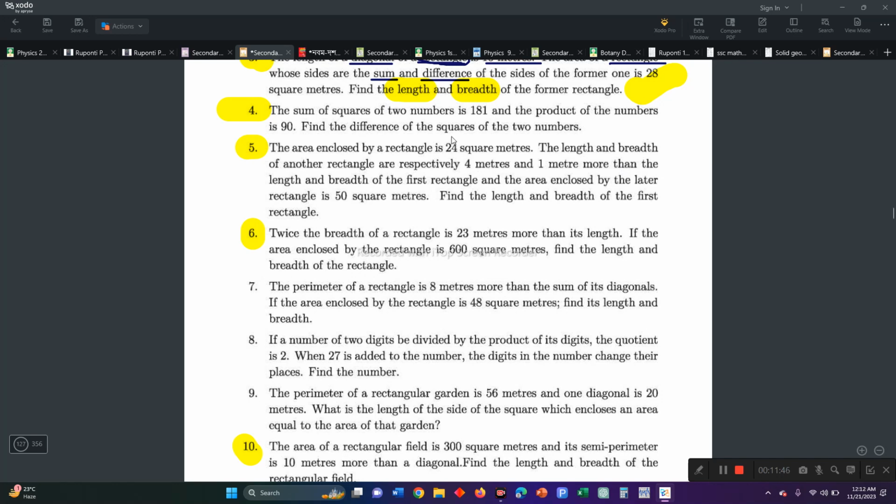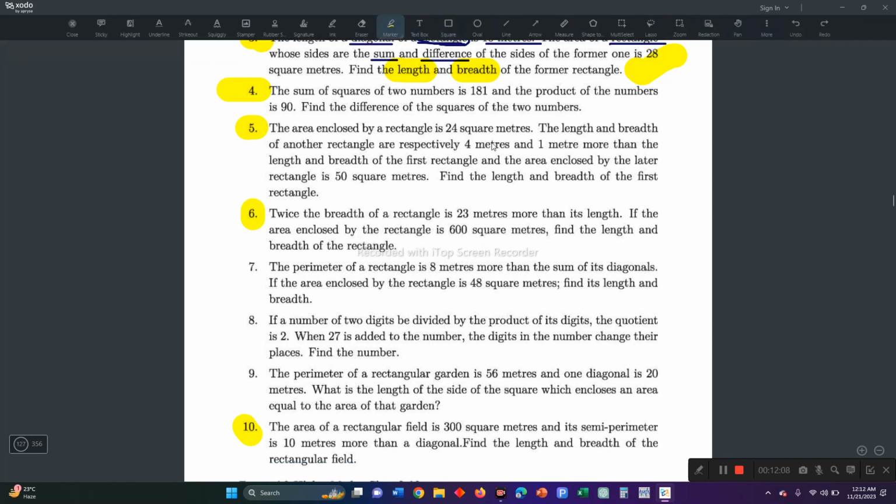That means the length of the first rectangle was x, if we add 4 more, that means x plus 4, and the breadth of the first rectangle was y, so if we add 1 with this, that means y plus 1. Then the area of the second rectangle will be 50 square meter.